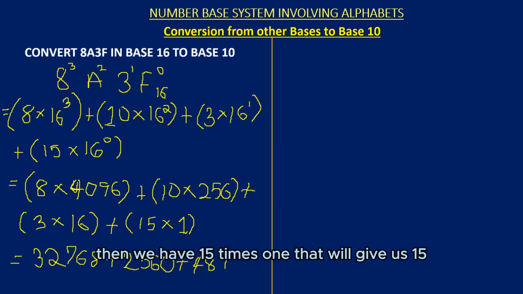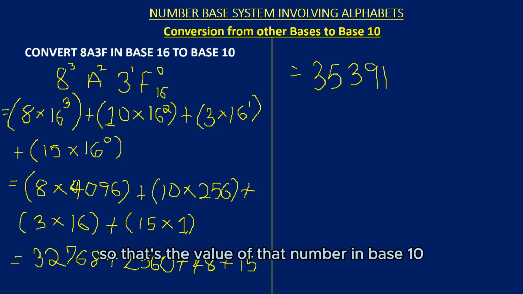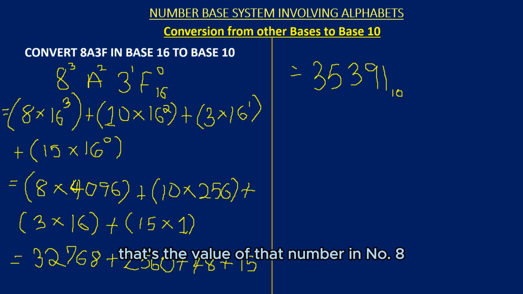Then we have 15 times 1, that will give us 15. Okay, so if we add all these together, we're going to have 35,391. So that's the value of that number in base 10. That's the value of the number 8A3F in base 10.